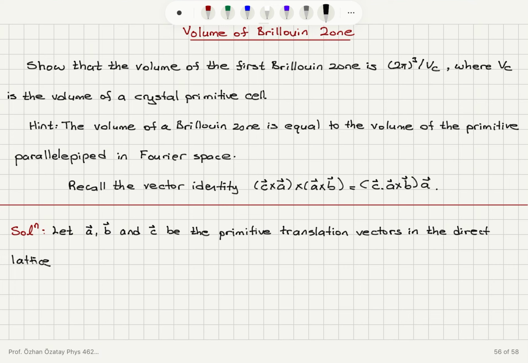Okay, now knowing that we have these primitive translation vectors, how do we calculate the volume of the primitive cell?